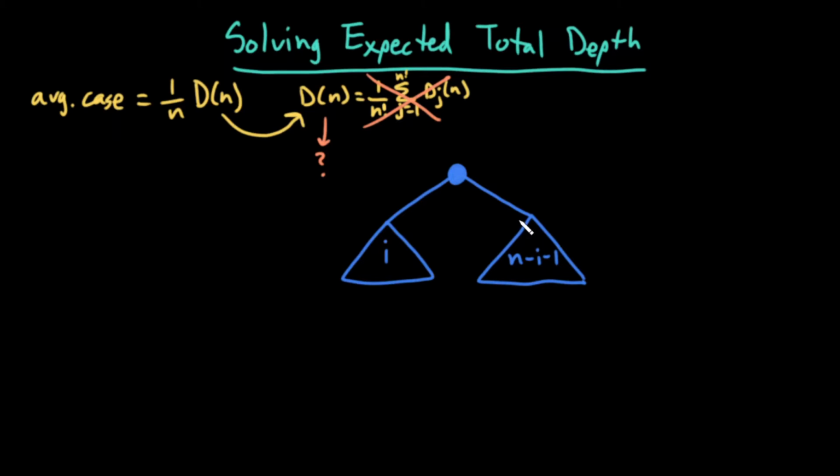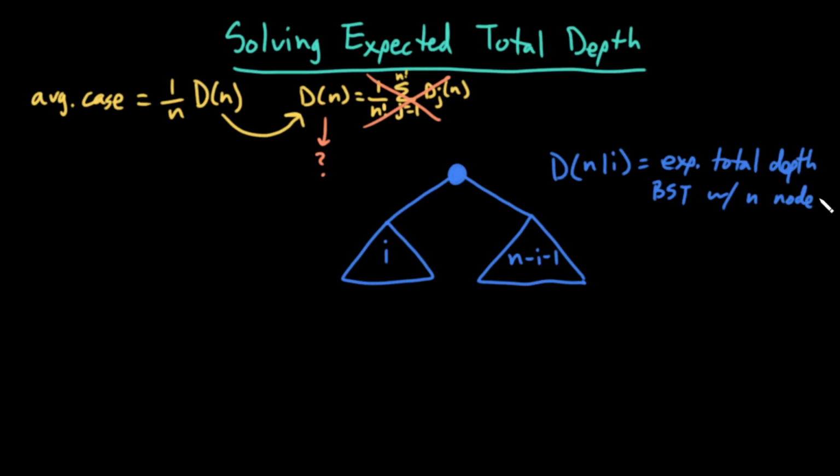Let's define d of n given I as the expected total depth of a BST with n nodes total and I nodes in its left subtree.